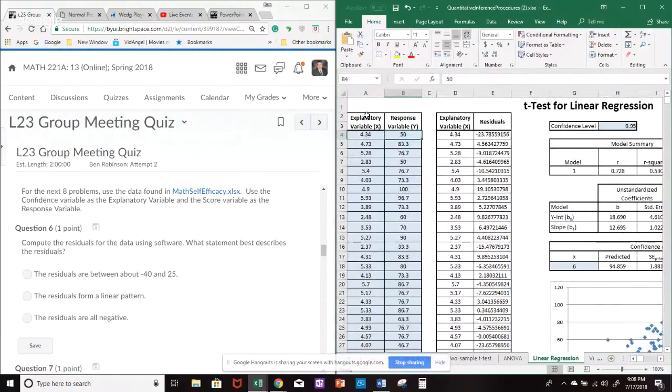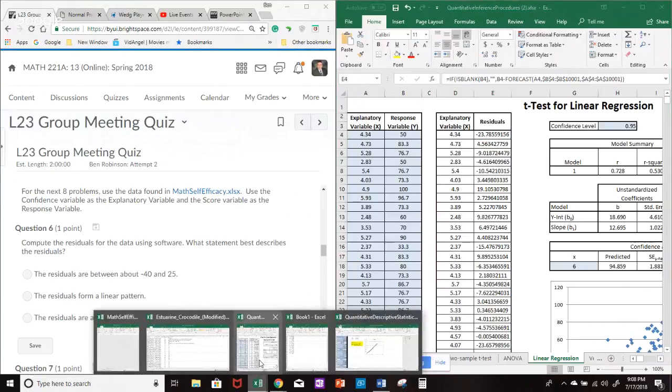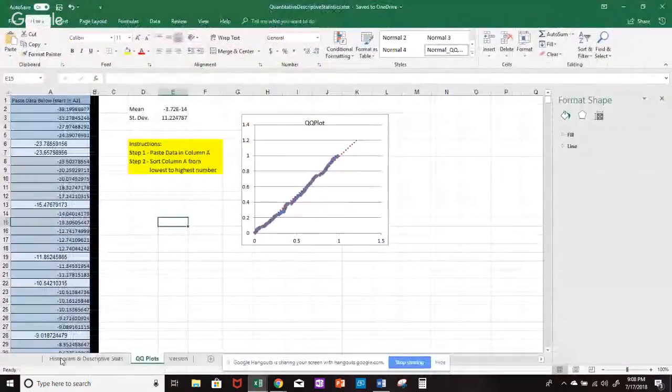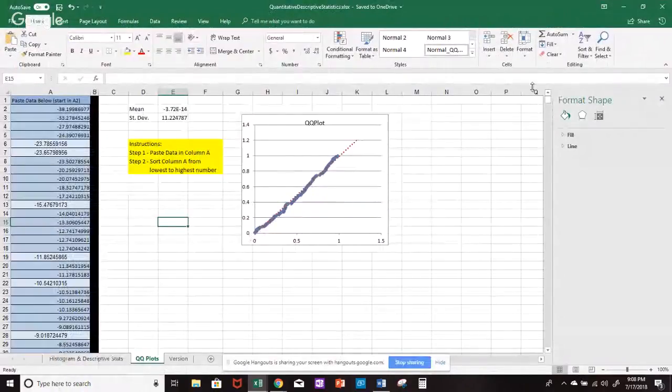In this column I ended up with my residuals. I copied them over here and sorted A to Z so they're in order, and they are definitely in line there.